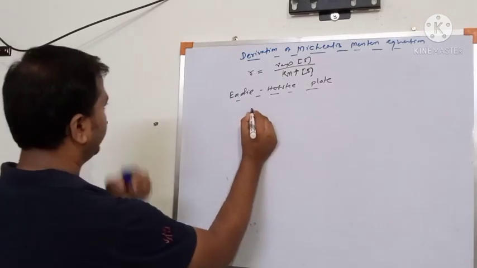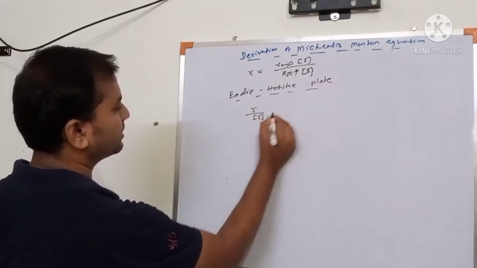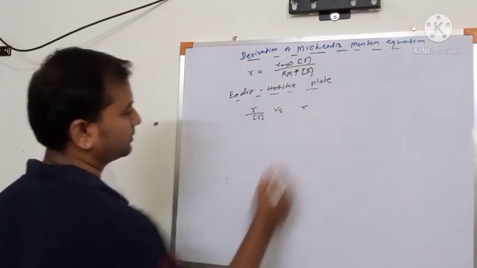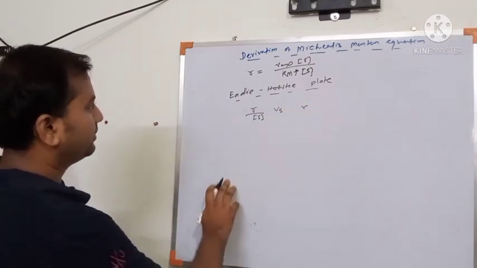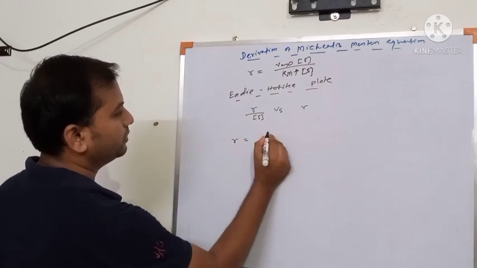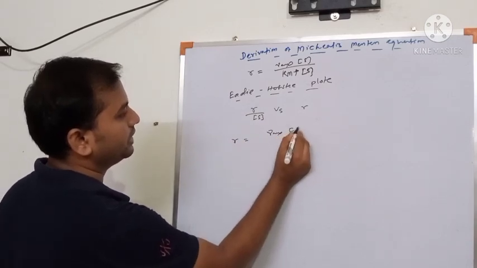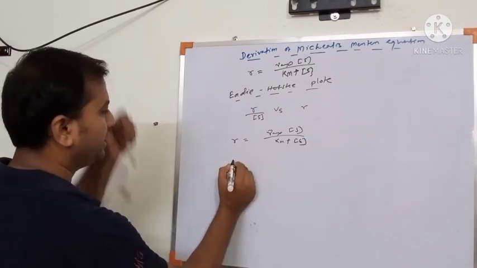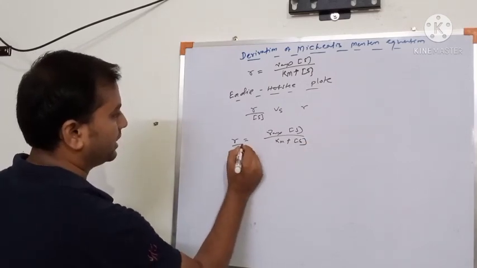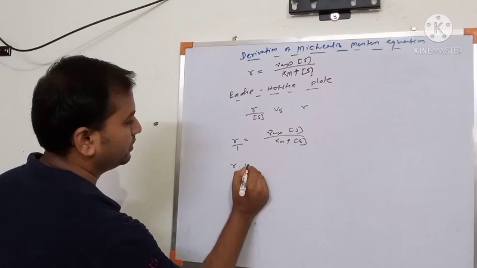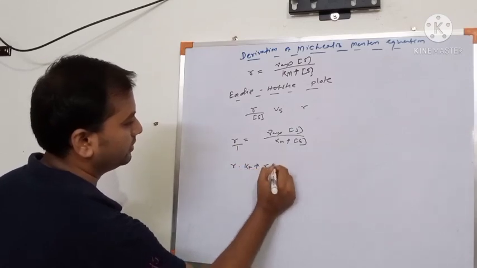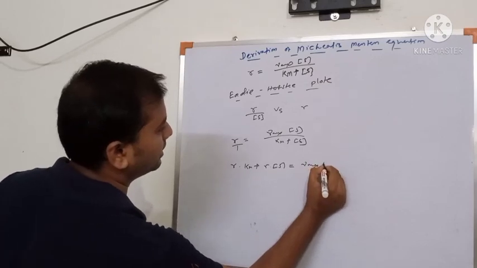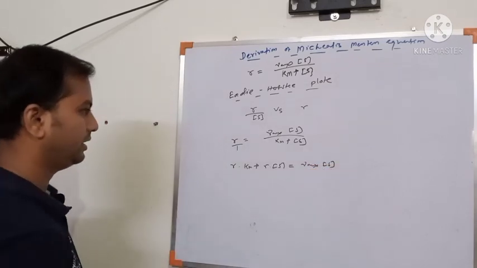This plot is rate by substrate concentration versus rate R. Now R equal to nu max into S by Km plus S. Multiplying both sides, R into Km plus R into S equal to nu max into S.